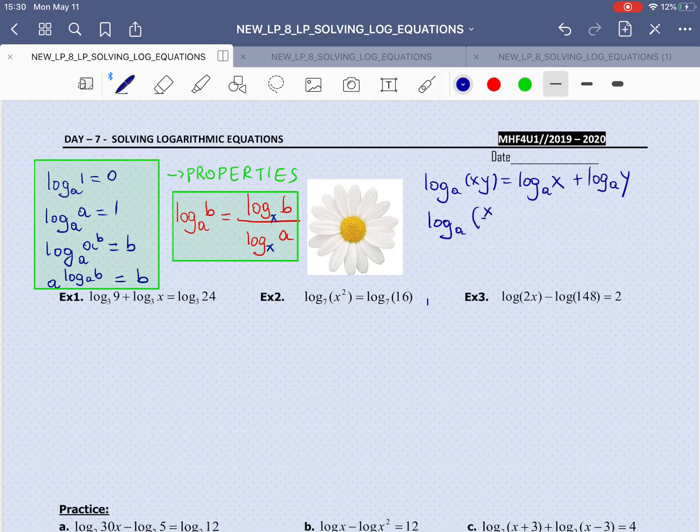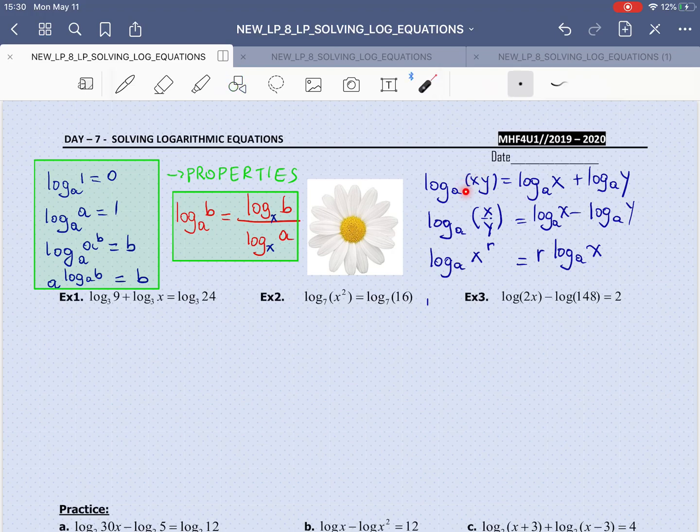Next, log with base a of x over y, the quotient law, is log with base a of x minus log with base a of y. And last but not least, log with base a of x to the power of r equals r times log with base a of x. So that's the power law. So these are the 3 laws.